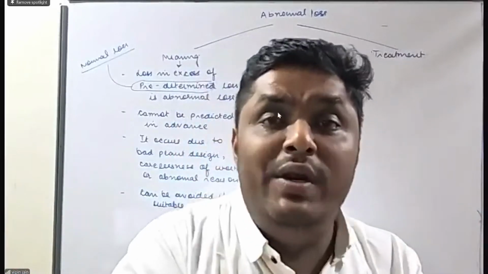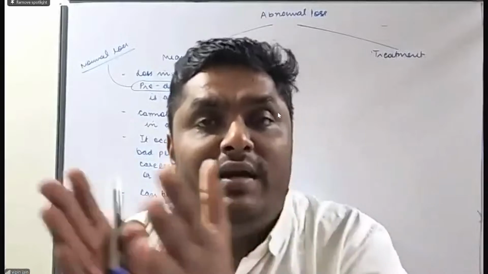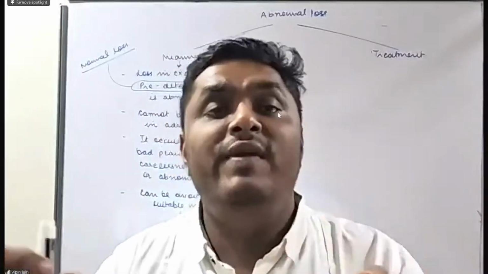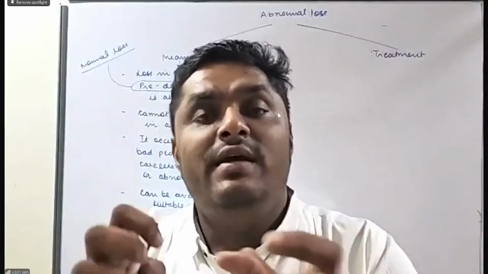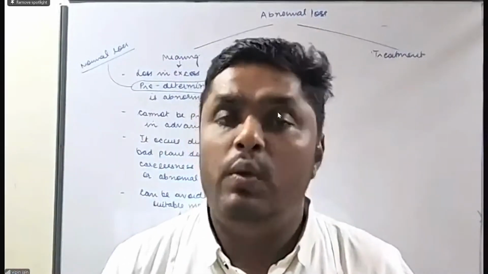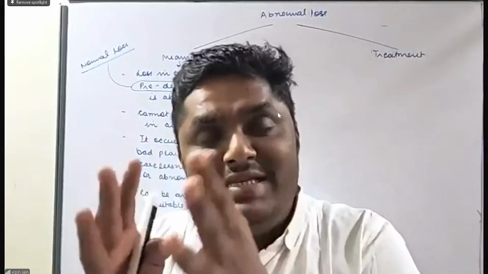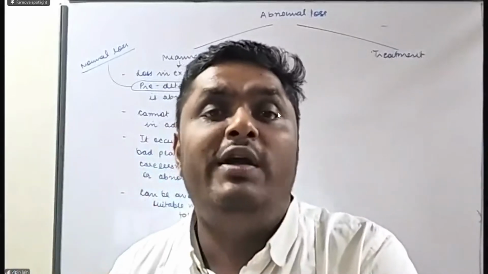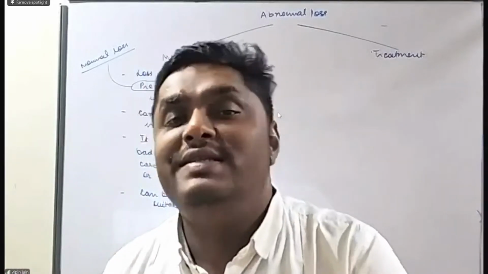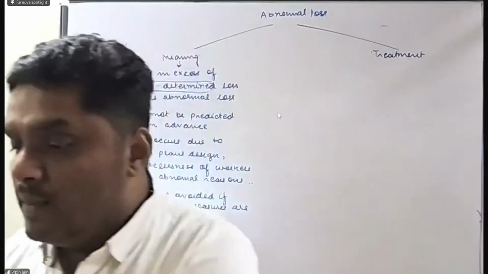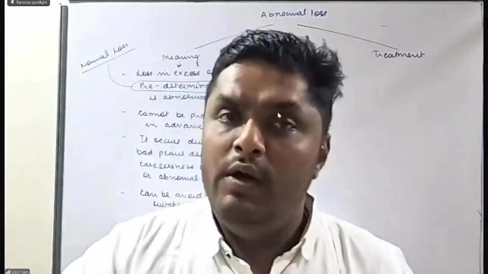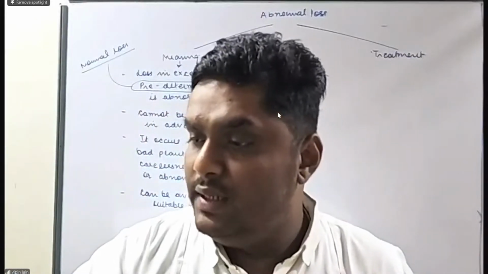But let's say during transit from the farm to my factory, 2 or 3 of my vehicles met with an accident, and 35 tons of potatoes were damaged or spoiled. In that case, this loss of 35 tons of potatoes is my abnormal loss, because it is due to carelessness of the driver. If you have any doubts about the meaning of abnormal loss, please post your queries.